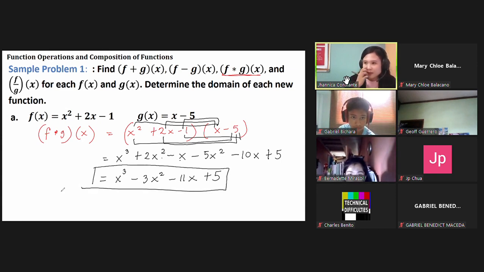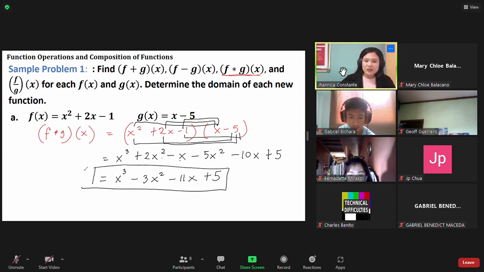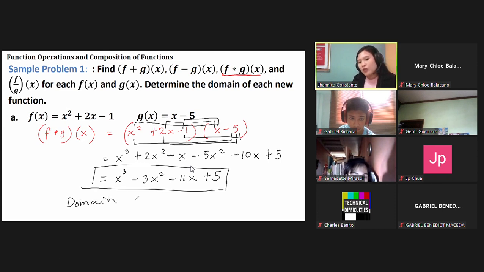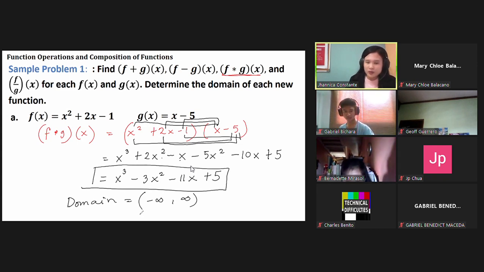The domain of this function will be all real numbers, both the positive real numbers and the negative real numbers. That's the set of the domain, or the x values, of our function.